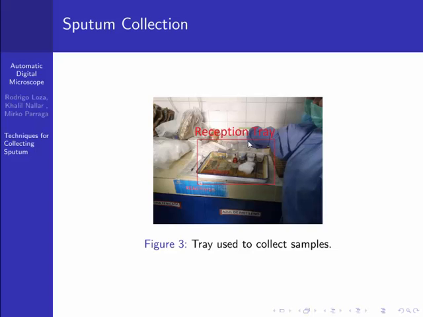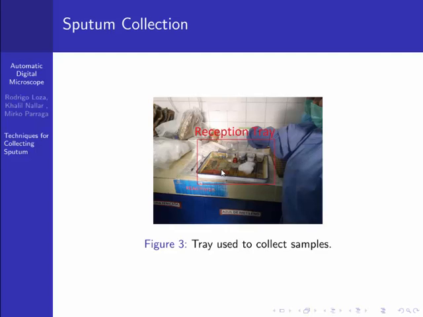For example, in the main TB diagnostic laboratory that we are working in right now, they use this reception tray in which they use sodium hypochlorite in the base, so that if any container spills out, the bacilli can be inactivated with this substance.